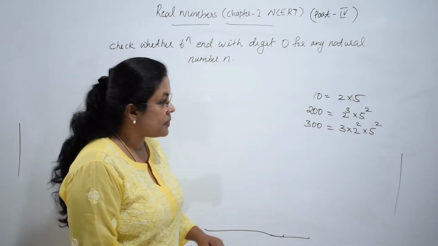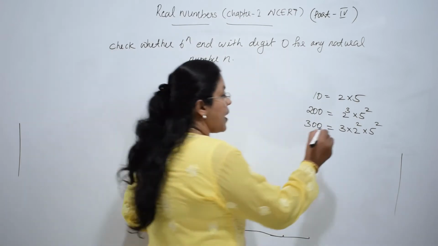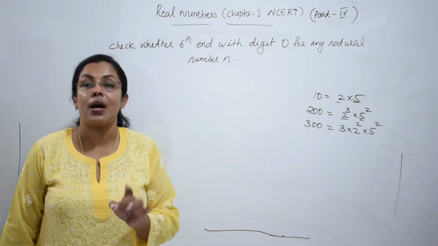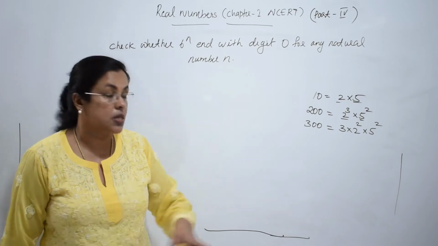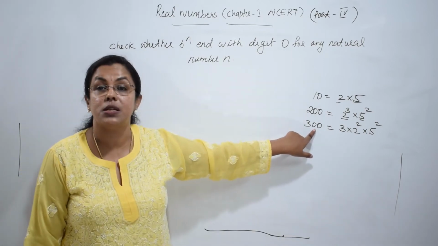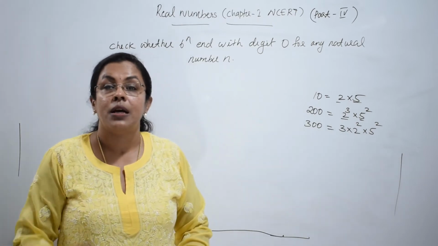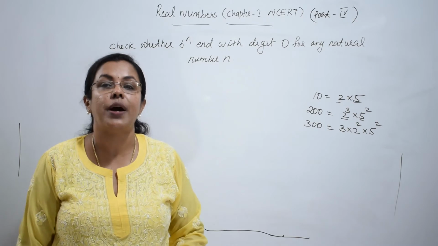We can see something. If we factorize these, we get factors 2 and 5. That means, in order to end with the digit 0, its prime factorization must contain the prime factors 2 and 5.